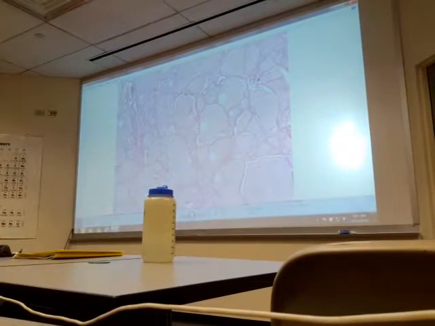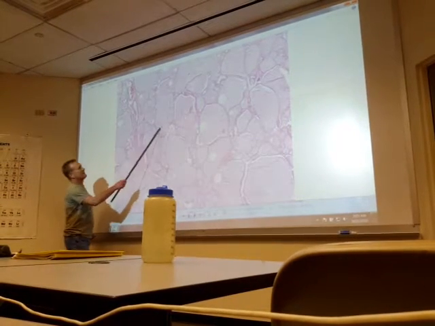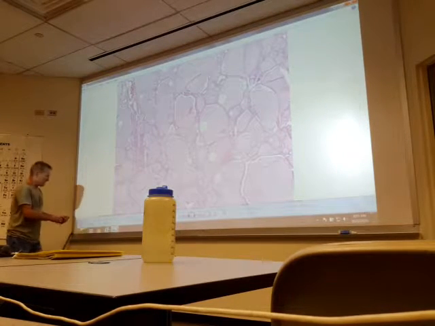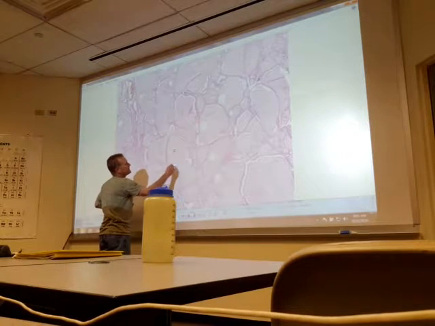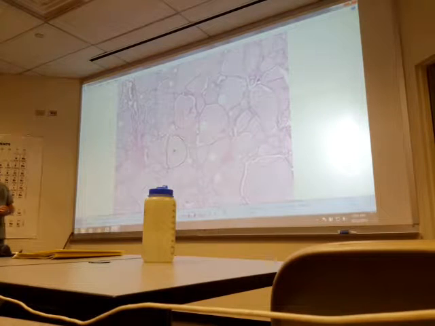What organ is this? Thyroid gland, okay. And what are these structures within the thyroid gland? Follicles, okay. So here's a follicle, so there's a follicular wall. The follicular wall is made of simple cuboidal.